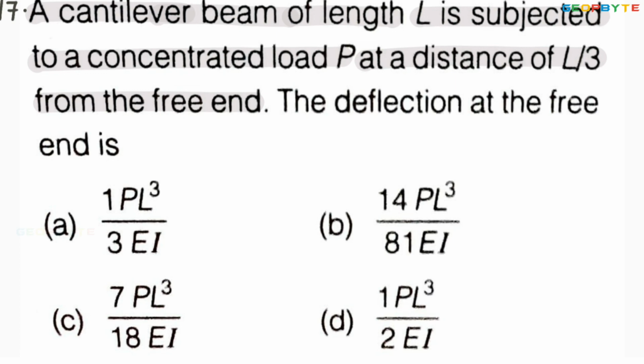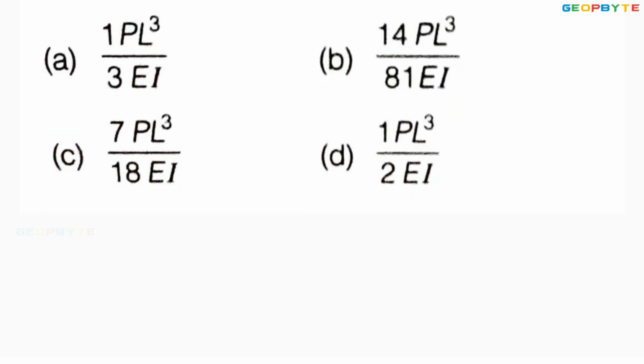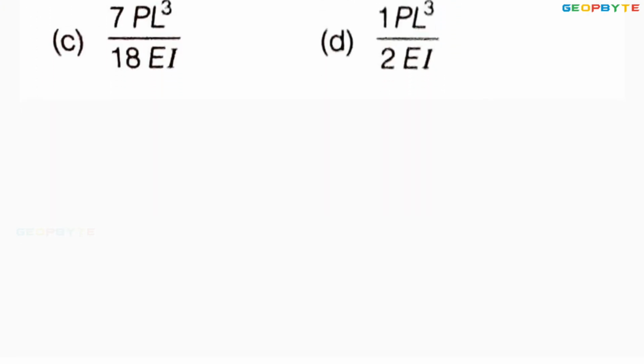You are asked to find the deflection at the free end. The load arrangement for the beam is like this. Cantilever beam. This is the beam. The total length of the beam is L.